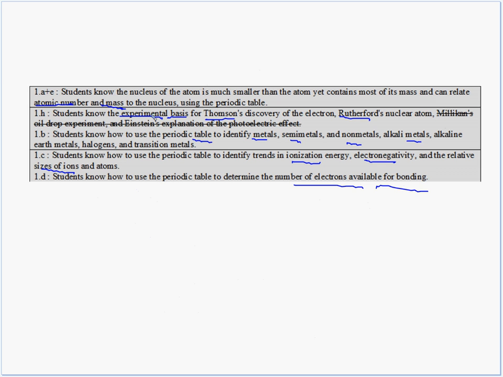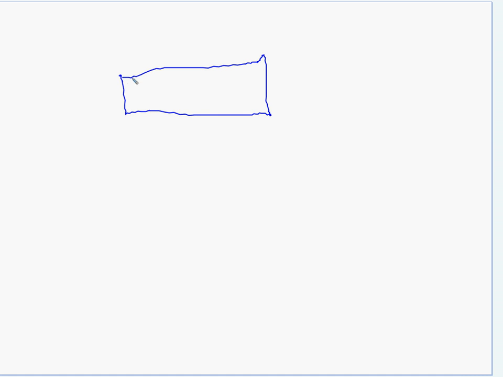Next one is the experimental basis for Thomson's discovery and Rutherford's discovery. I remember Thomson had his cathode ray tube, his big old tube. He used a high voltage, like electricity, and had stuff come out, and then he put plus and negative, and it curved towards the plus.